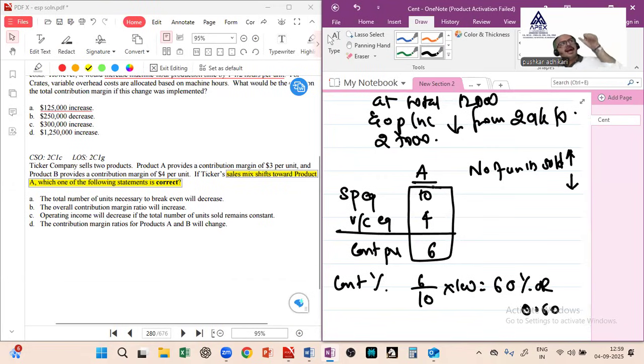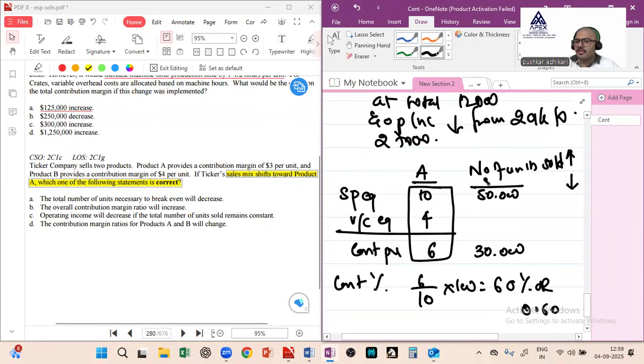The contribution margin will stay the same. The total sales will change. The total variable cost will change. The total contribution will change. But the percentage will stay the same. You can experiment with it and check it out if you want. Try it with 5,000 units. If you try it with 5,000 units, your contribution here will be 30,000 and here it will be 50,000.